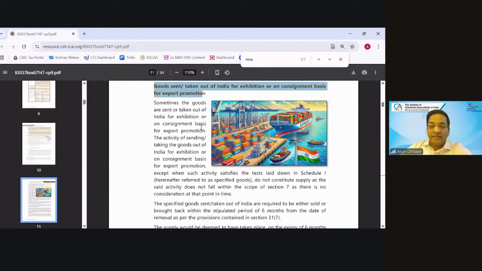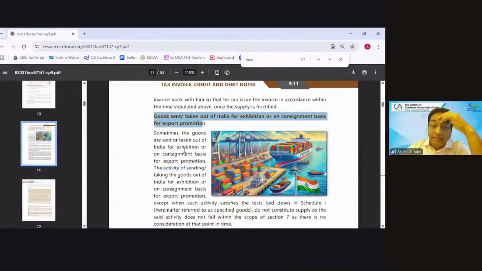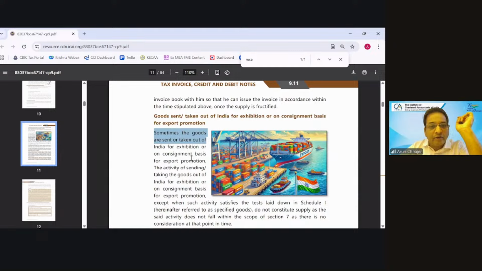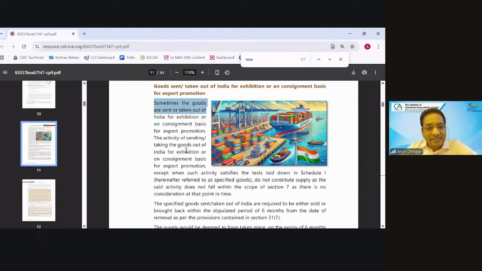This is a clarification that if the goods have been sent out or taken out of India for exhibition purpose or consignment purpose for export promotion. It was Circular 108, which talks about goods taken out of India for exhibition or consignment basis for export promotion.